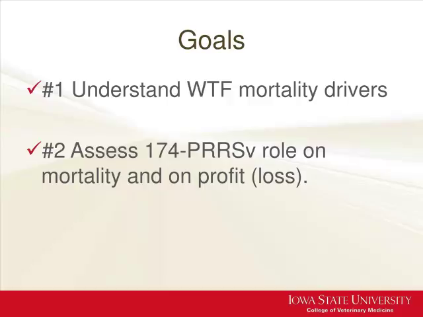As I said, one, understand the variability in the wean-to-finish mortality: what were the contributing factors and what was the relative importance of each. And for this panel, assess the role of being infected with 174, what that contributed to the mortality, and of course the economic outcome at the end of the day.